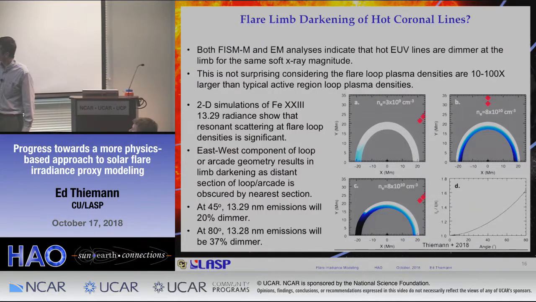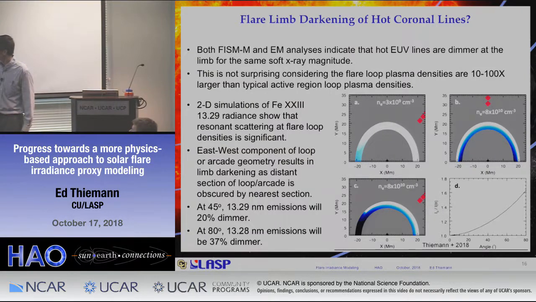If we move the same observer over by 45 degrees, the far leg of the loop becomes completely attenuated. And so the total integrated signal from this loop is going to be markedly lower.